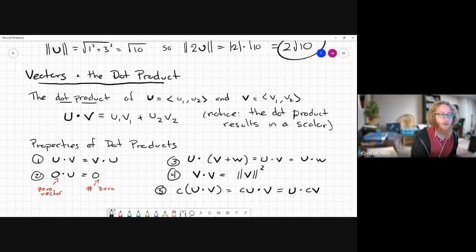All right, so here you're not distributing it to both, it's going to one or the other. Or you can calculate the dot product and then just multiply that by the scalar c.